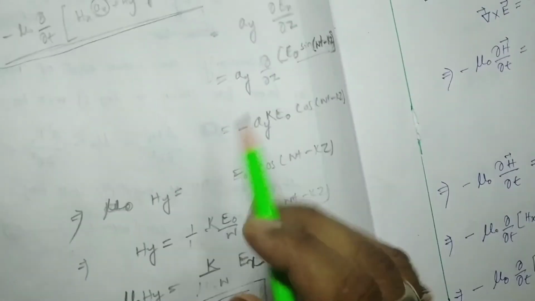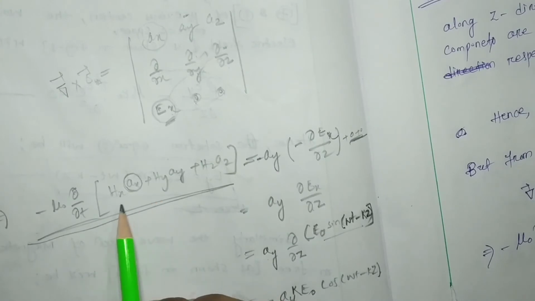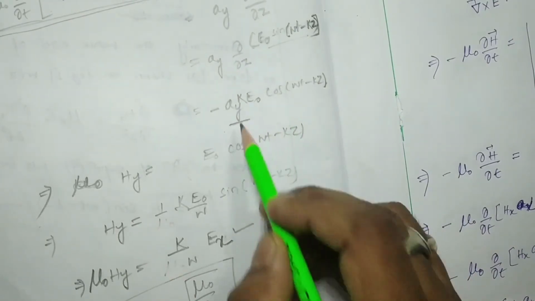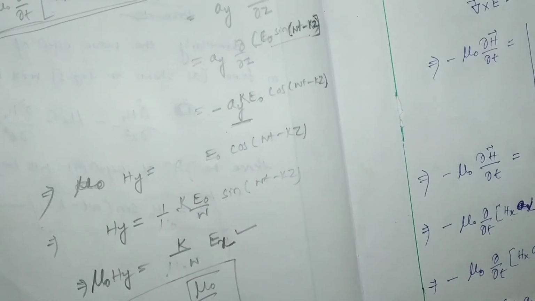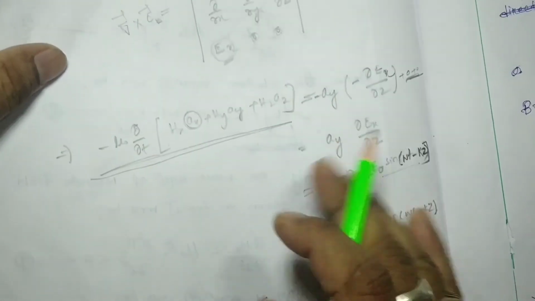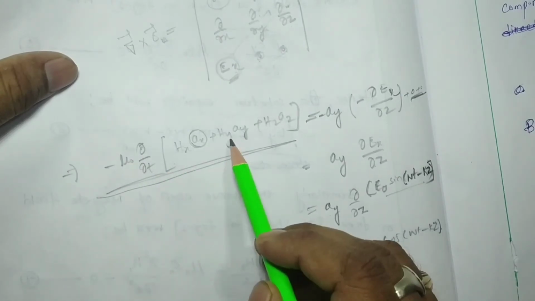Okay, so now we are going to compare the x, y, z components of the left hand side and right hand side. We can find only the y component in the RHS. So we have to equate only the y component of the LHS. The y component of the LHS will be minus mu 0 del by del t of hy.